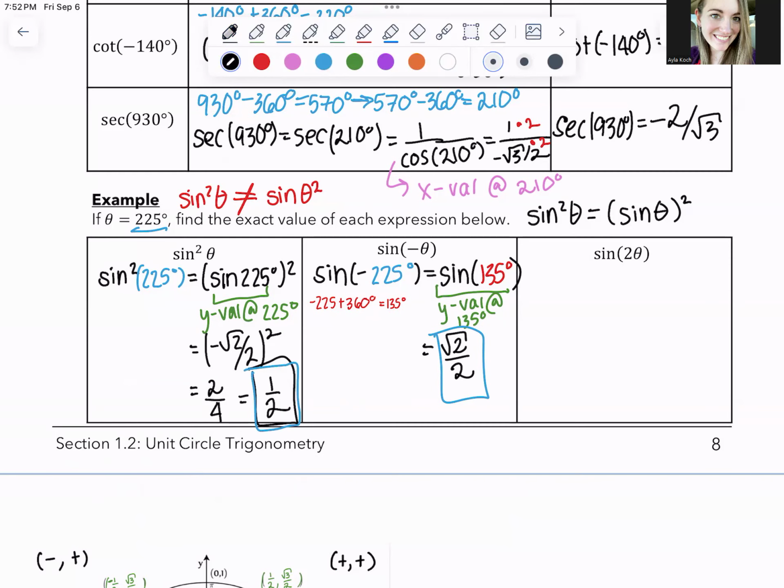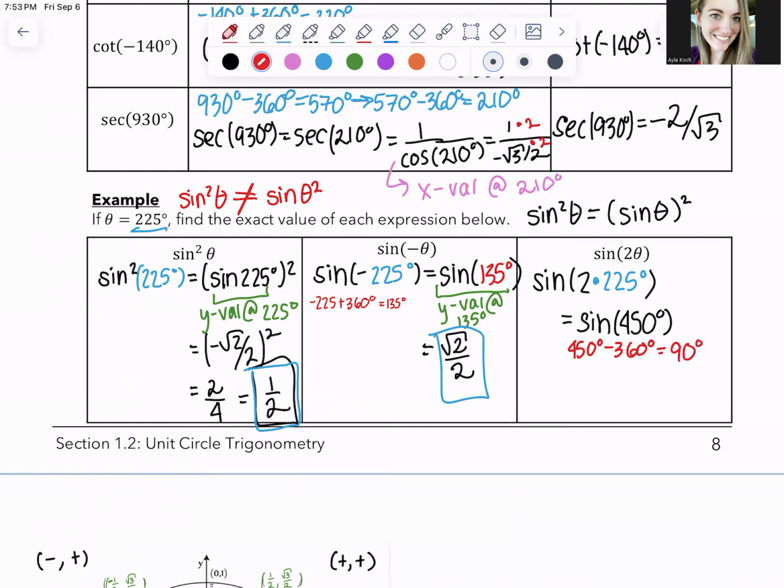And then sine of 2 theta, instead of theta, we have 225. This is sine of 450. We need a coterminal angle. So we'll do 450 minus 360 degrees.